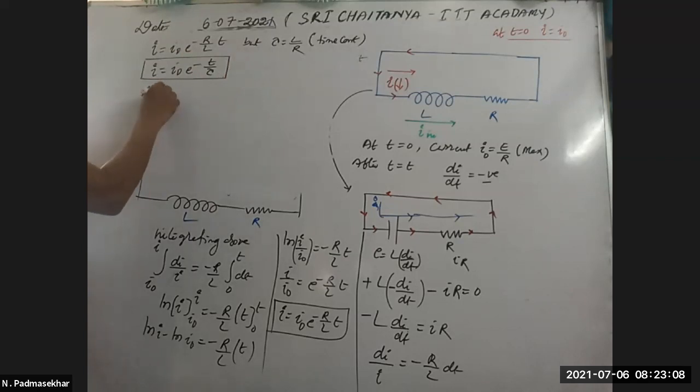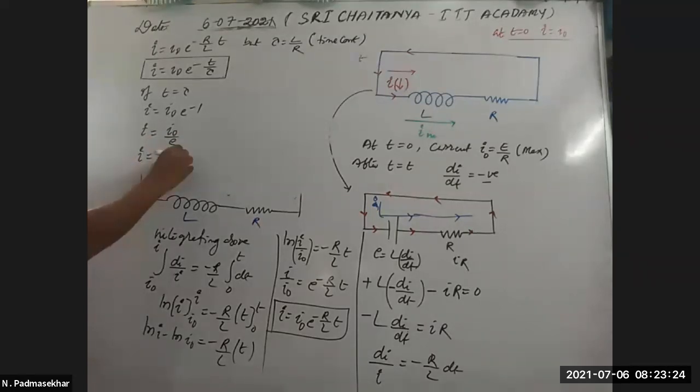If t is equal to tau, I is equal to I naught e to the power of minus 1, that is I naught by e, that is I is equal to 0.37 I naught. So the percentage of I is 37% of I naught.